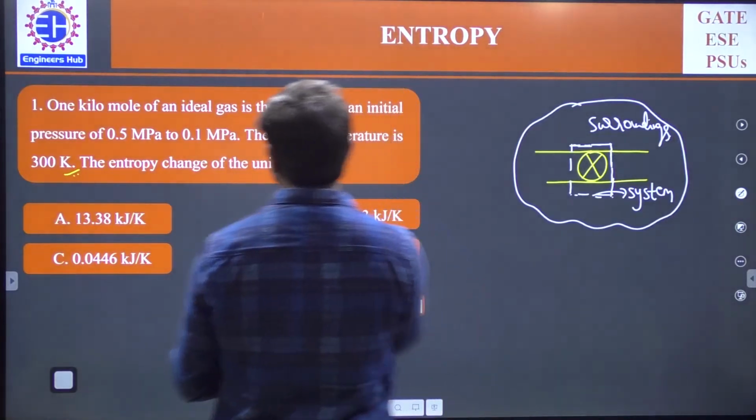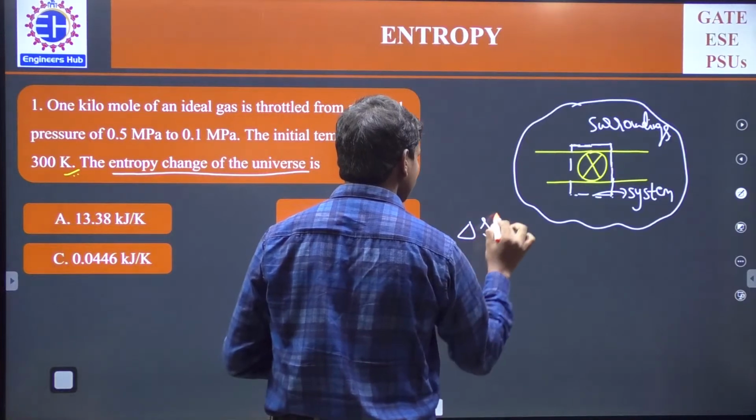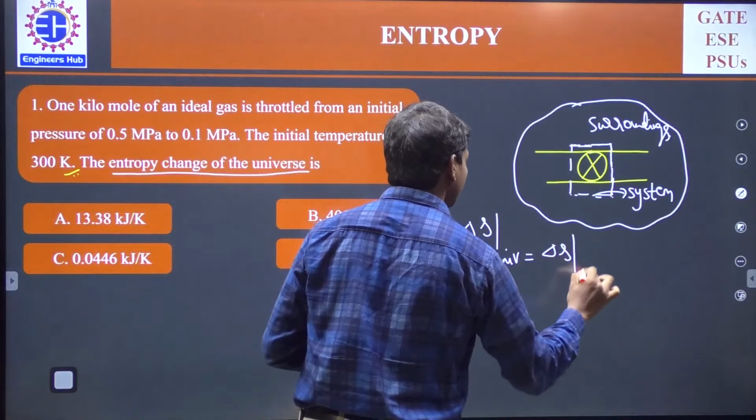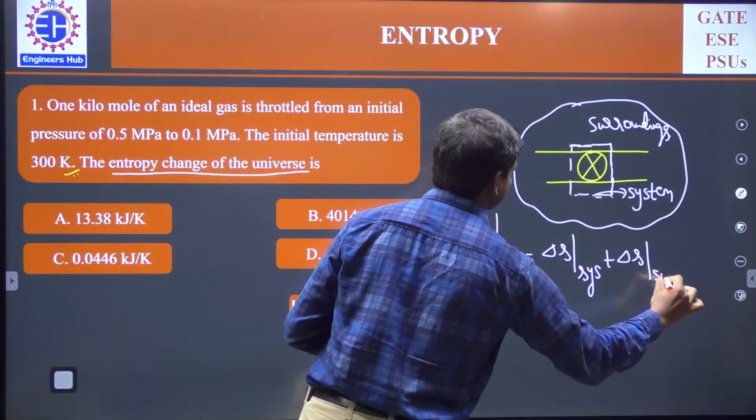They're asking for the entropy change of the universe. To calculate it, you need to know the entropy change of the system and the entropy change of the surroundings.